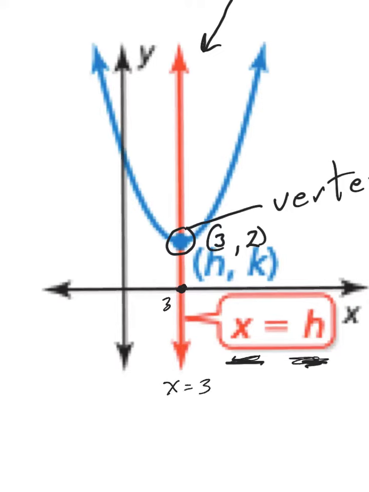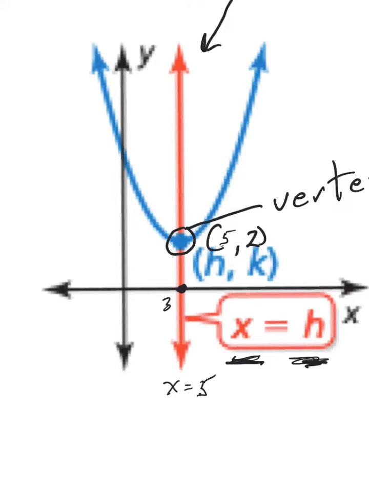I know sometimes you guys get a little upset about symbols and things like that. And so a concrete example of this is that the vertex is at 3, 2, so the axis of symmetry is just x equals 3. If the vertex was something like 5, 2, well then in that case we would have an axis of symmetry at x equals 5.